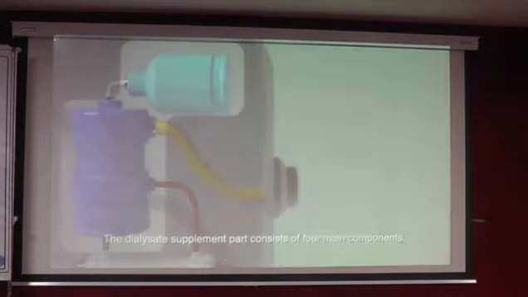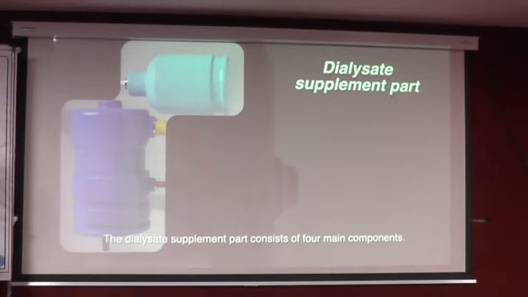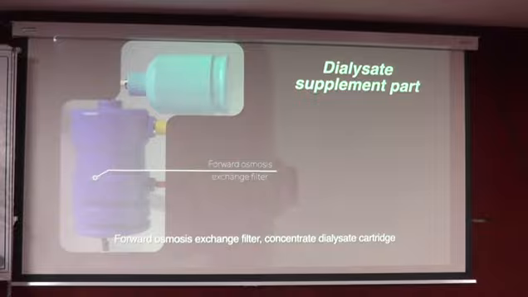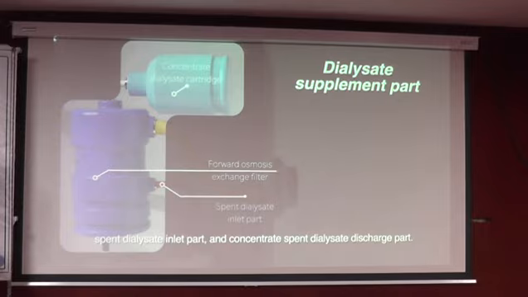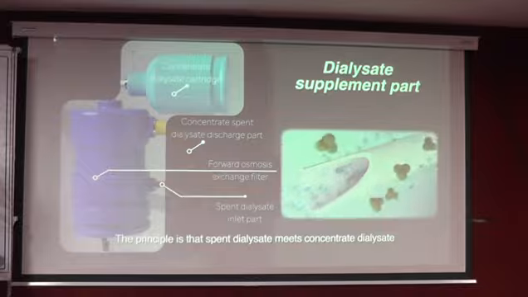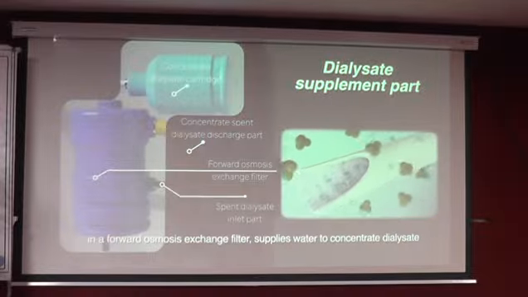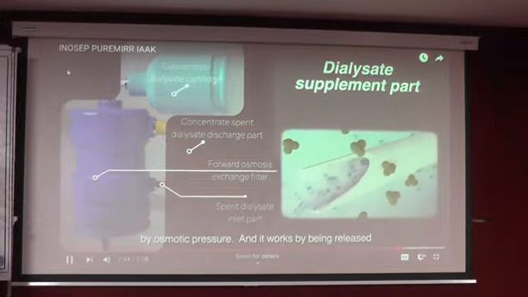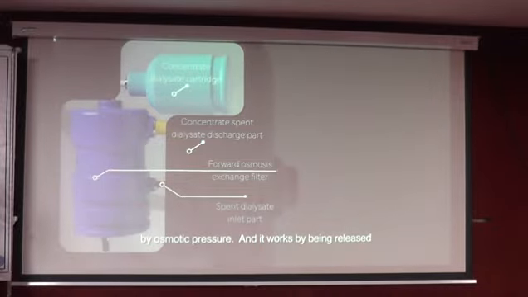The dialysate supplement part consists of four main components: forward osmosis exchange filter, concentrate dialysate cartridge, spent dialysate inlet part, and concentrate spent dialysate discharge part. The principle is that spent dialysate meets concentrate dialysate in a forward osmosis exchange filter, supplies water to concentrate dialysate by osmotic pressure, and it works by being released into the renal tubules.